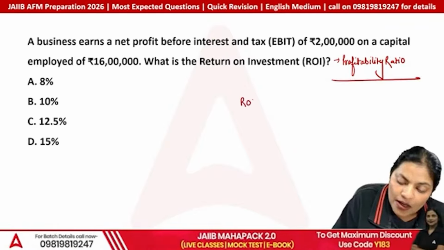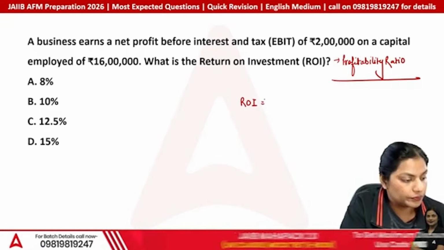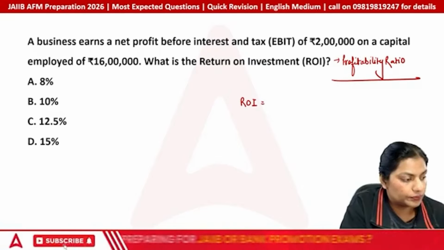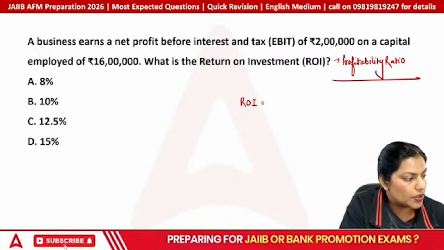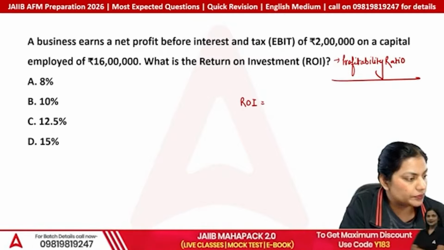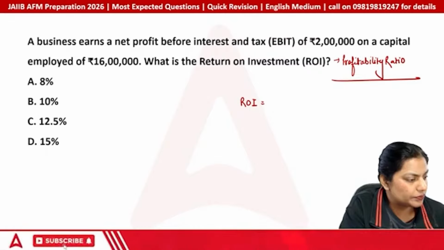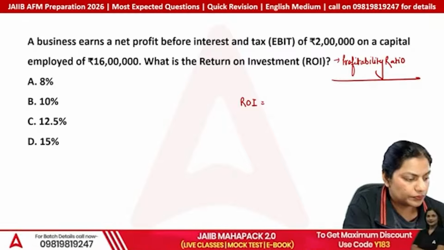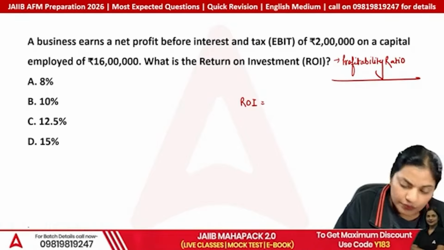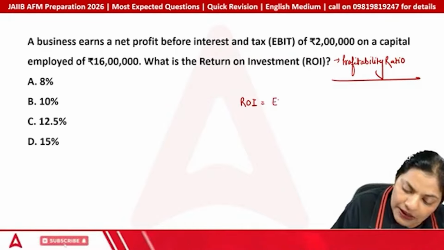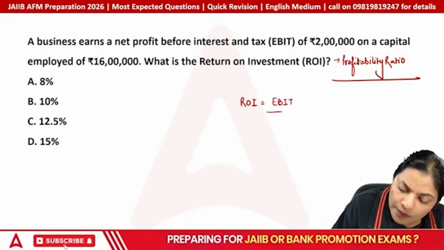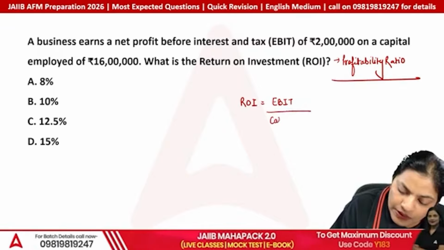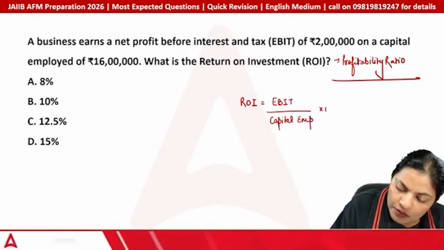The formula is ROI is equal to EBIT upon capital employed into 100.